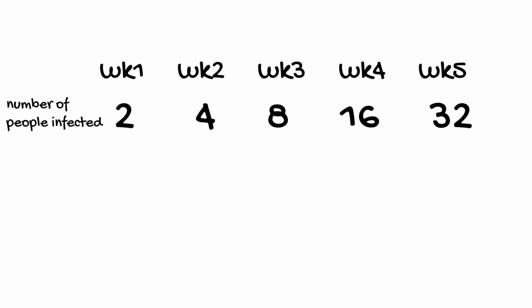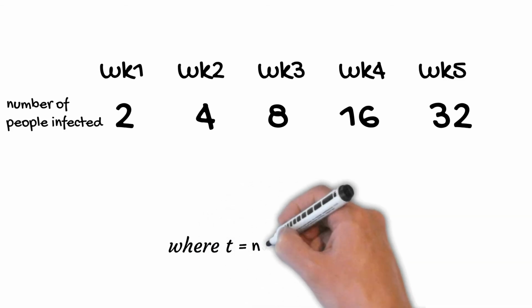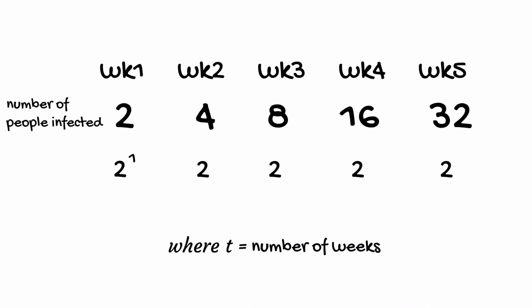So what would be a formula for that kind of growth rate? A formula for that growth rate would be, in terms of the time, that's 2. That's 2 squared. That's 2 cubed. 2 to the power of 4, 2 to the power of 5.